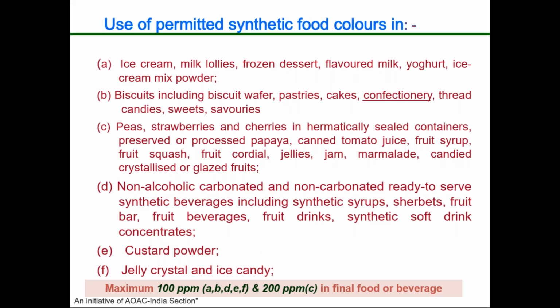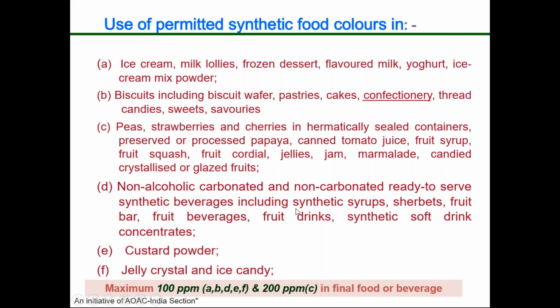So if you look at the permitted, just as an example, in which food are synthetic food colors allowed? You will see that they are allowed in ice cream, frozen desserts, flavored milk, yogurt, ice cream mix powder. They are also allowed in biscuits, wafers, pastries, cakes, peas, strawberries, cherries in hermetically sealed containers. All these are allowed to have the synthetic food color.